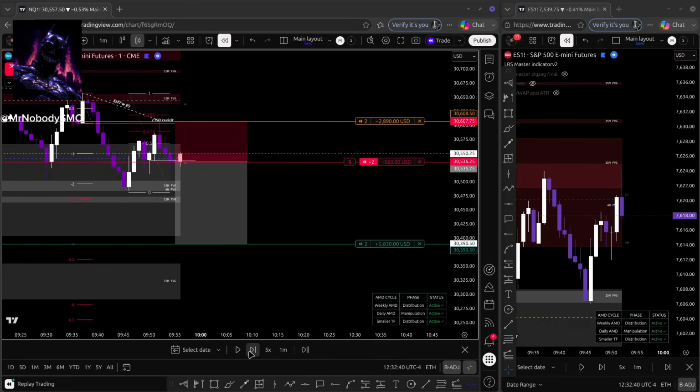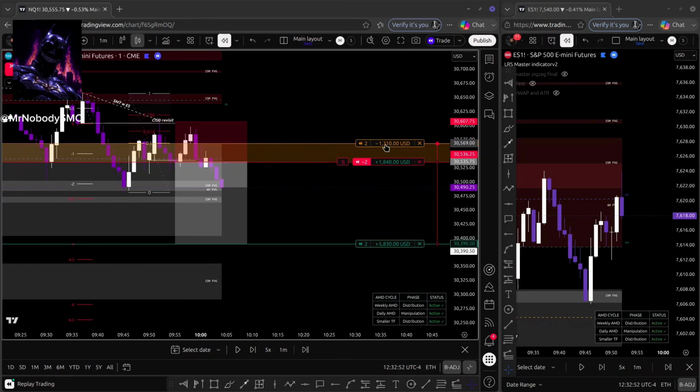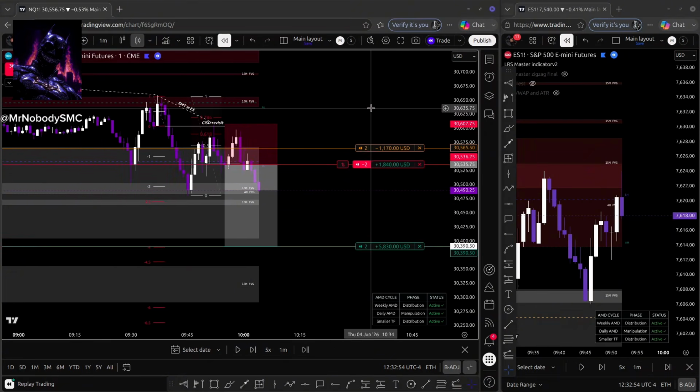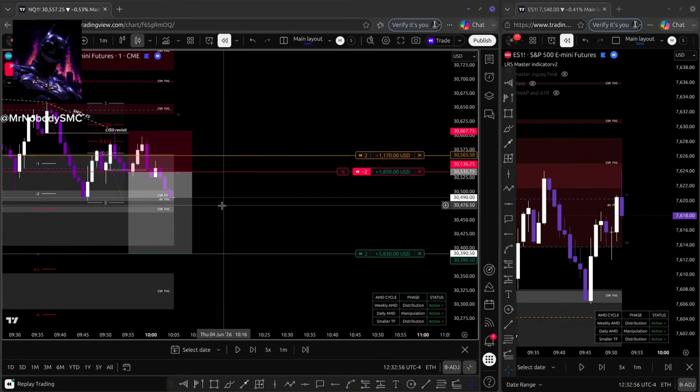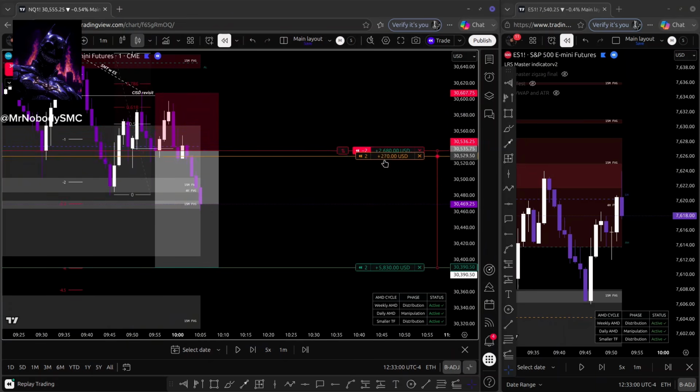Trailing my stop aggressively. Stops go here. Stops now go here.